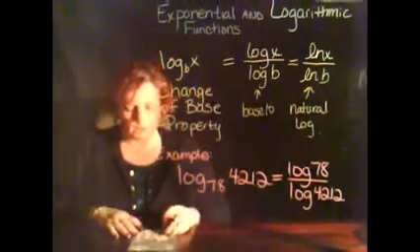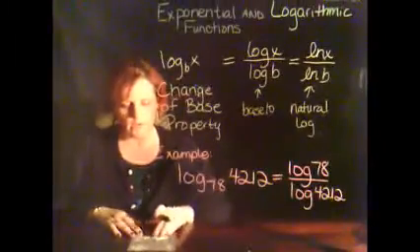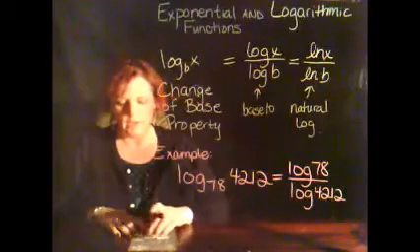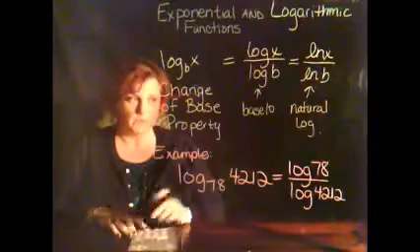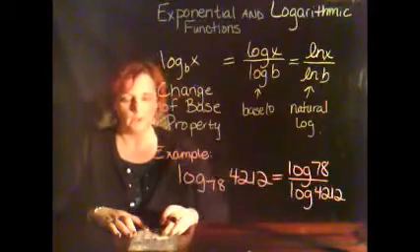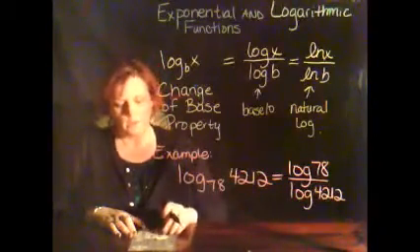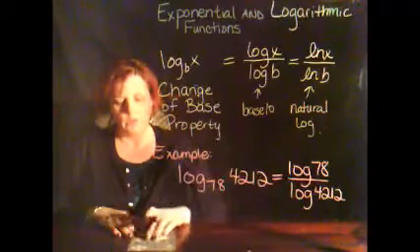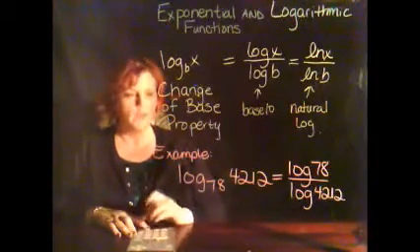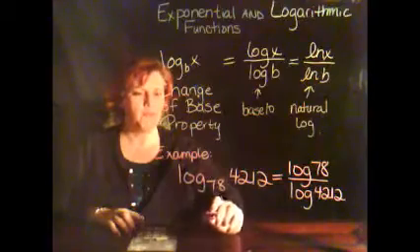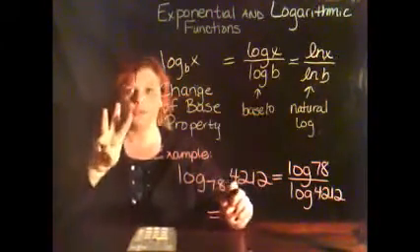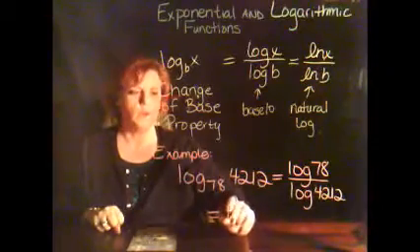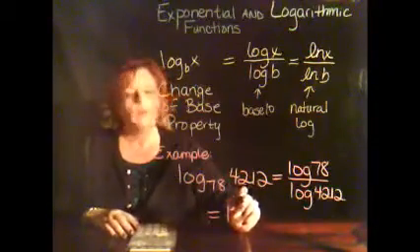I go log 78, end the parentheses that's given to me, and use the divide button to type in log 4,212. Once again, end the parentheses, and when you hit enter, it'll be a nice long decimal, and we're going to round it to 3 decimal places. So I get 1.916.